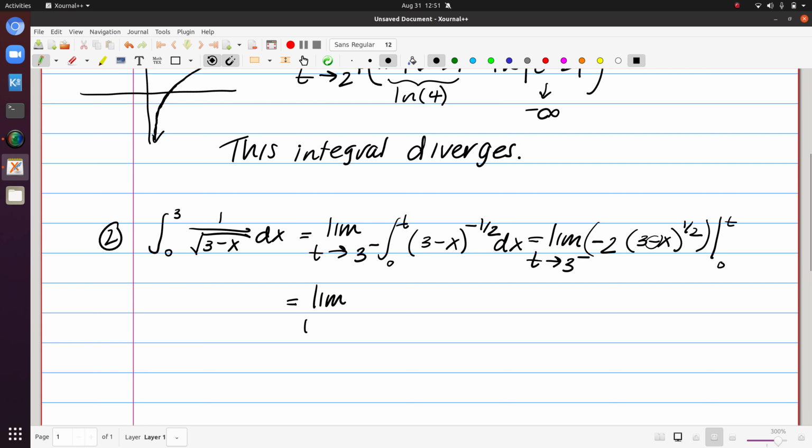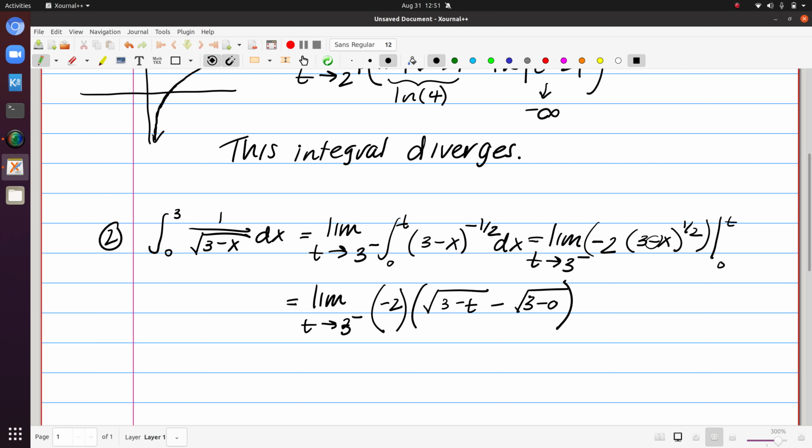So plugging in these bounds, this leaves us with minus 2 that I'll factor out. And so we're going to get the square root of 3 minus t minus the square root of 3 minus 0.